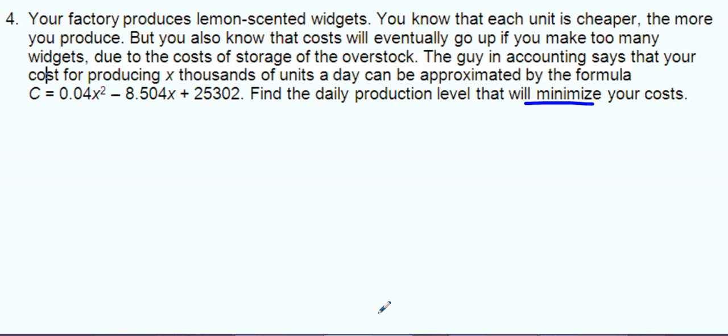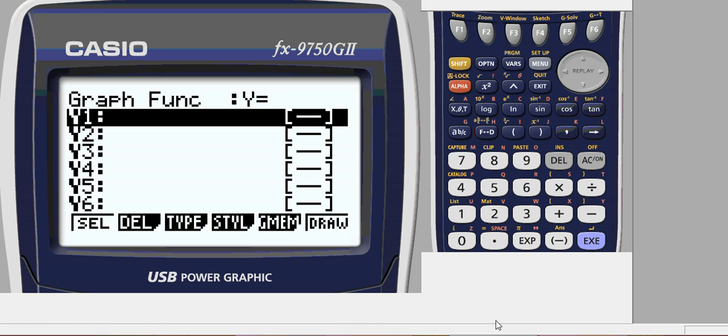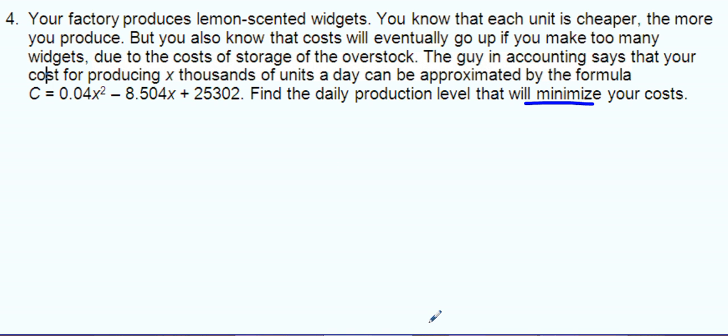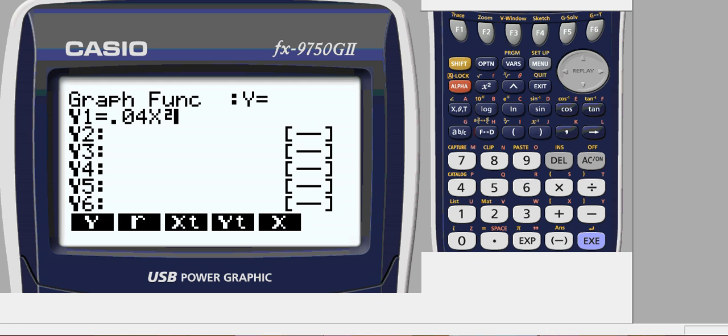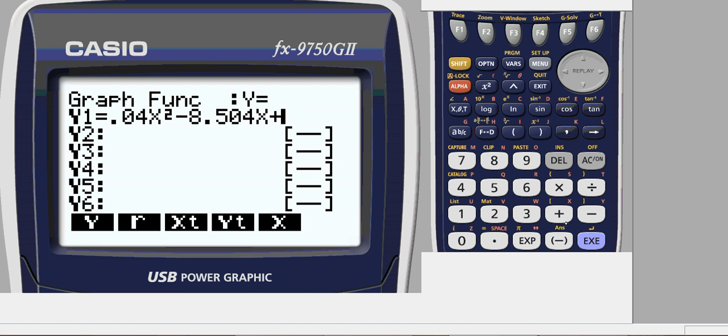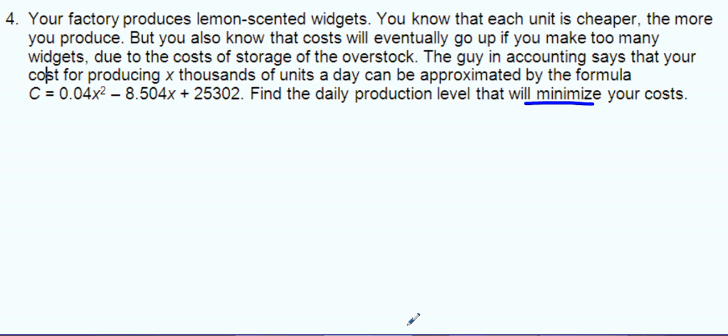So this function we're typing in is 0.04x squared minus 8.504 plus 25,302. Good.